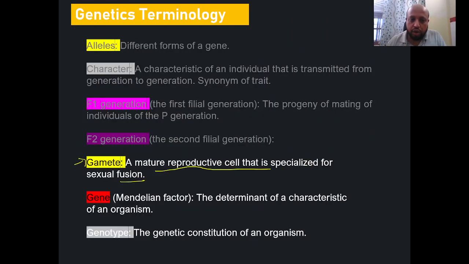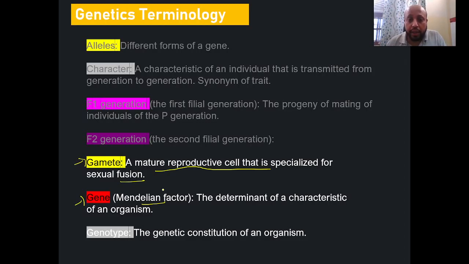The next terminology, which we have already defined, is gene. I've already defined these genes, but in Mendelian genetics they are also called Mendelian factors. He named them factors because at the time of Mendel, he was not aware of the concept of gene or DNA.